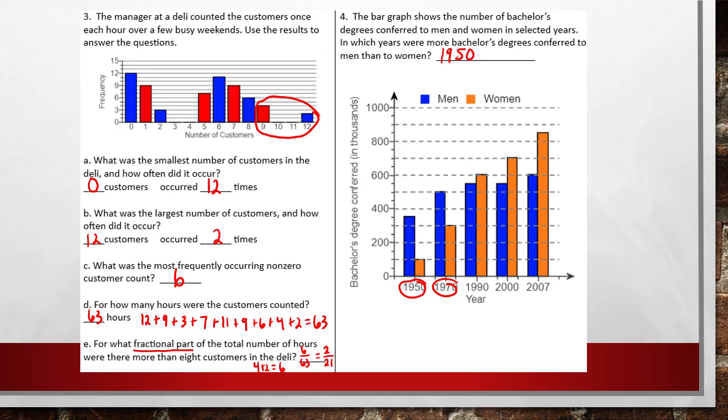So they have 1950 and 1970. So you're going to have something similar to this on the test. It might have a different bar graph. It might ask for which one has more women than men, or you might just be looking for the facts from the graph. Read carefully.